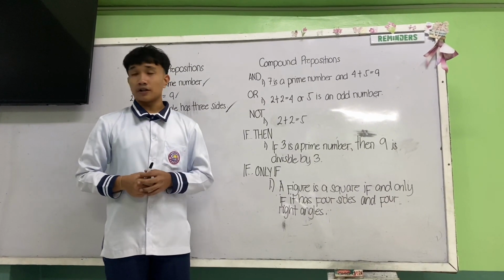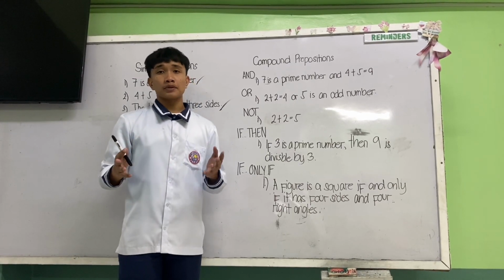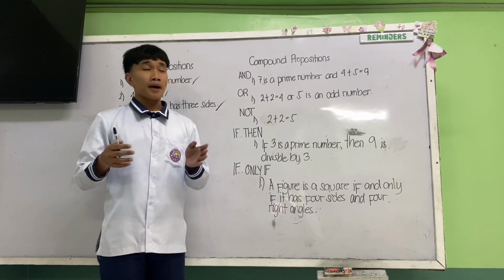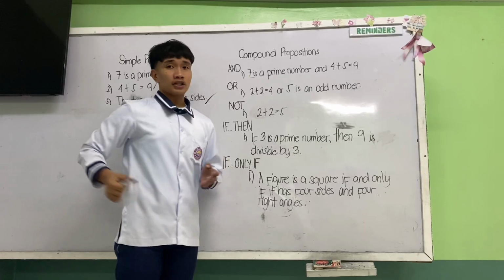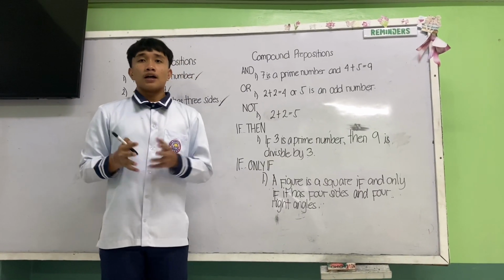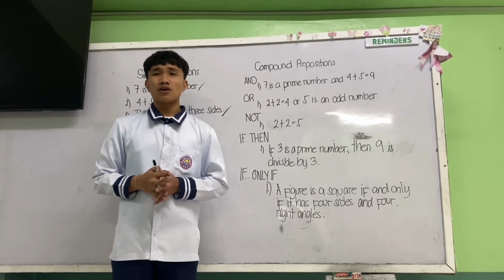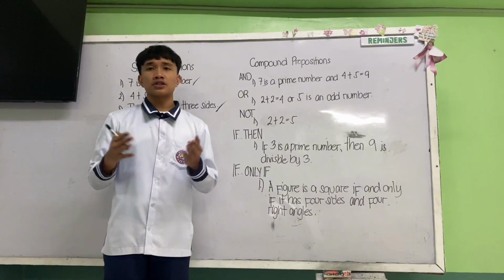The first proposition is 2 plus 2 equals 4. And the second proposition is 5 is an odd number. So when combined, 2 plus 2 equals 4, or 5 is an odd number. True, so the result is true, because at least one, in this case both, of the propositions is true.